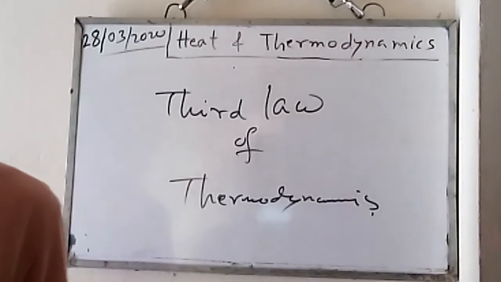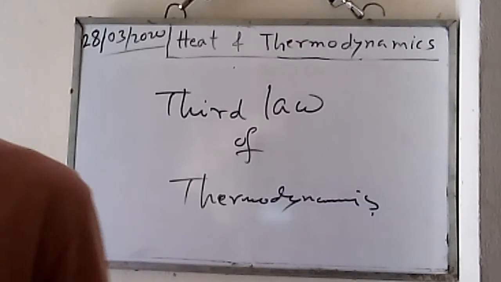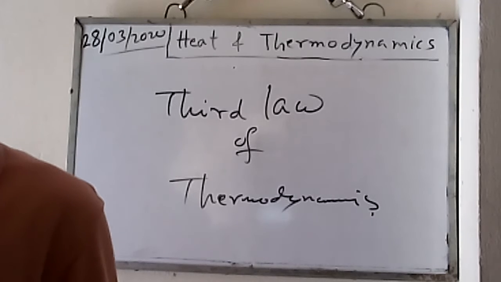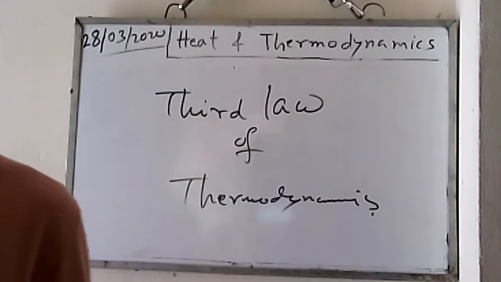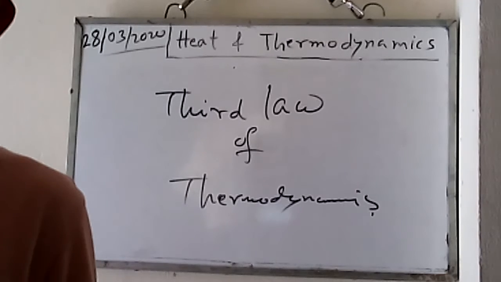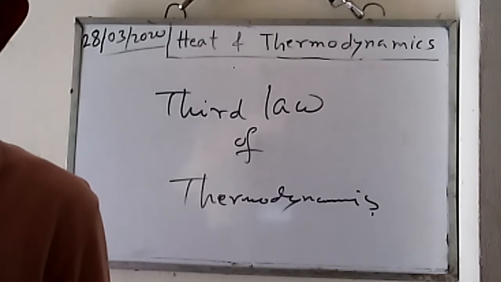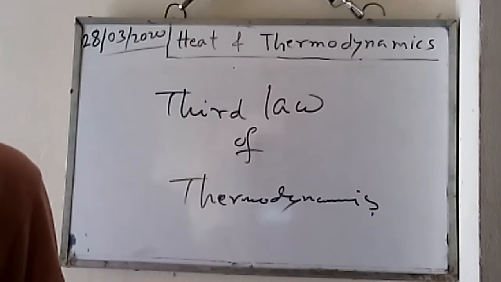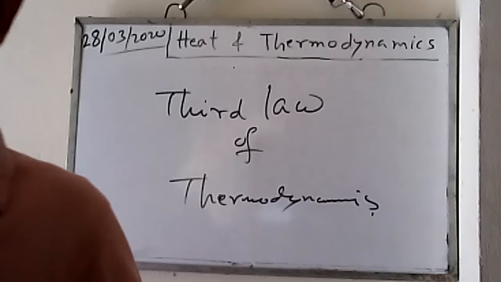This is not physically possible because no object or system can have a temperature of 0 Kelvin. Absolute zero temperature means 0 Kelvin. Minus 273 degrees Celsius means absolute zero, means 0 Kelvin. No object can have this temperature.